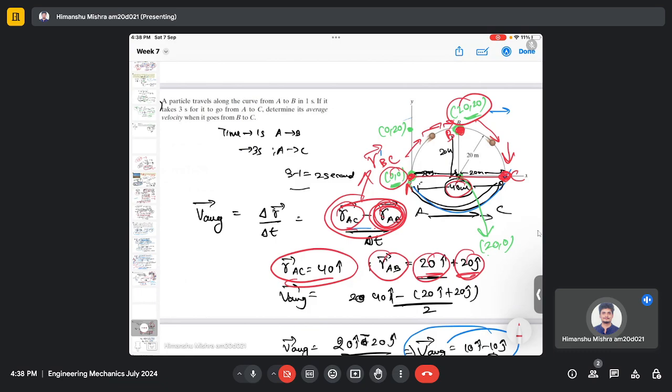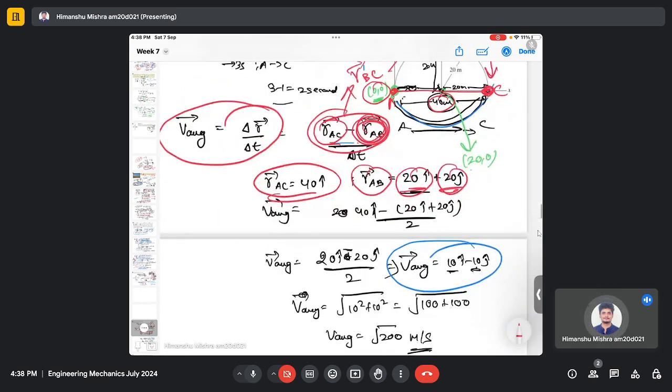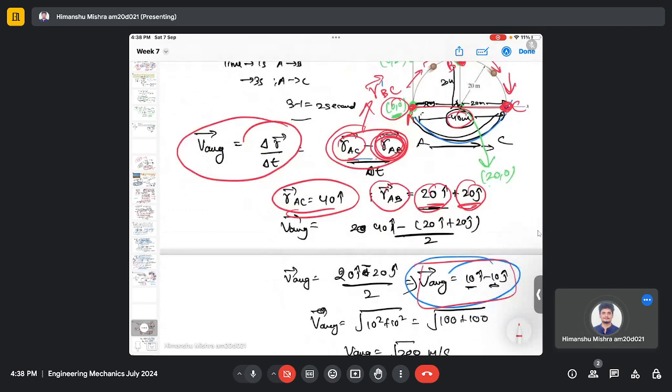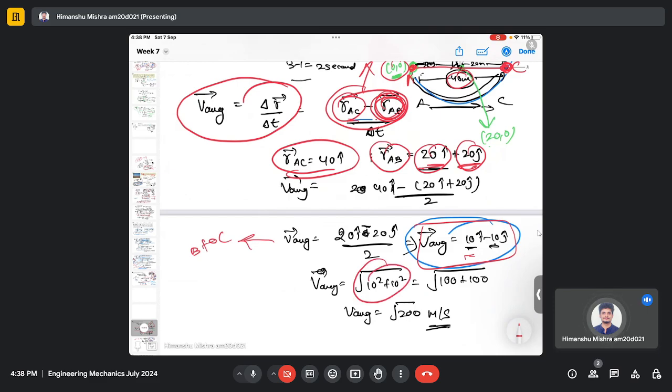So when you substitute in this expression, you will get the average velocity vector where the particle is moving B to C, which is 10i minus 10j. And for the magnitude, you can use the relation that we have used in multiple previous questions, which comes out to be root 200 meters per second.